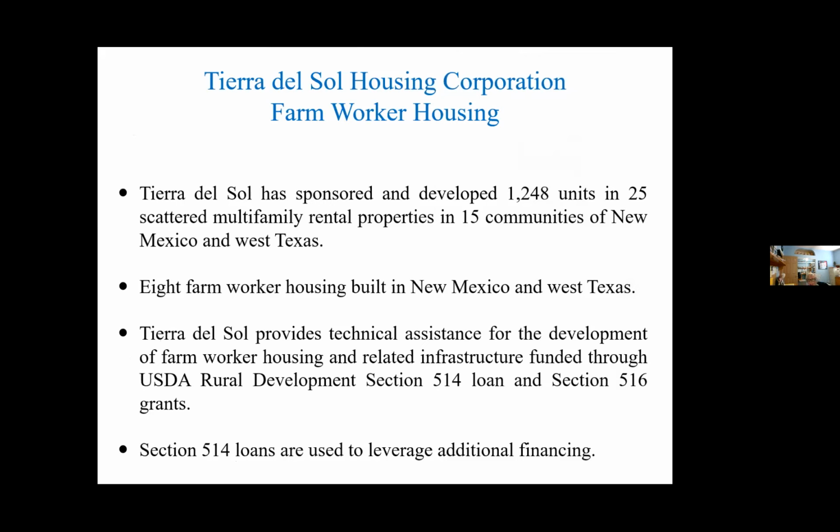This is showing you that we have developed 1,250 units in 25 rental properties and 15 communities in New Mexico and West Texas. So we're found throughout New Mexico and West Texas. We had 8 farm worker housing built in, again, New Mexico and West Texas. And we provide technical assistance for the farm worker housing and their infrastructure funding. Next.